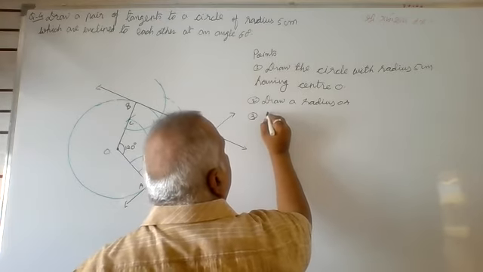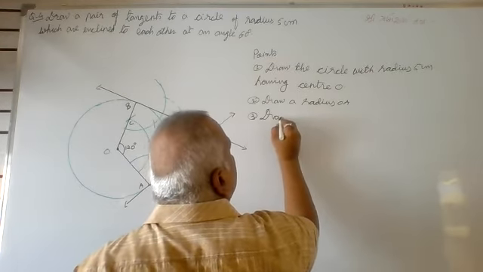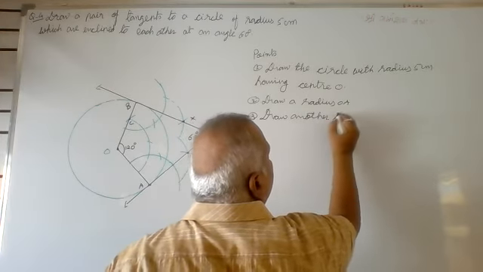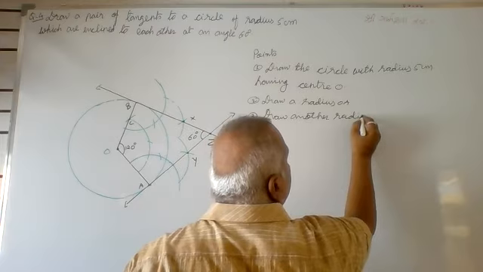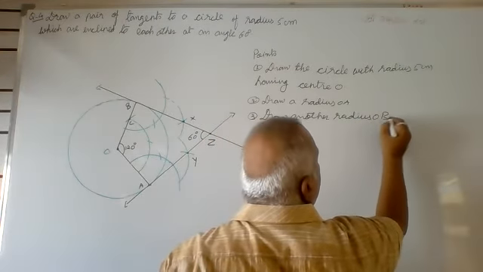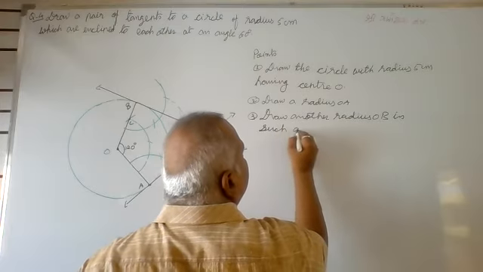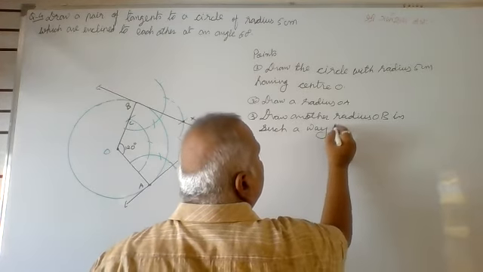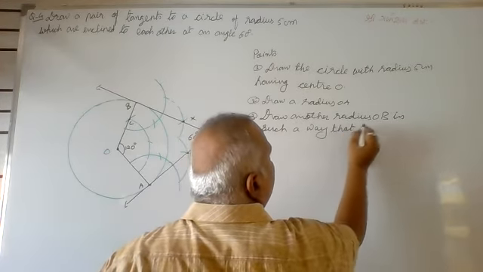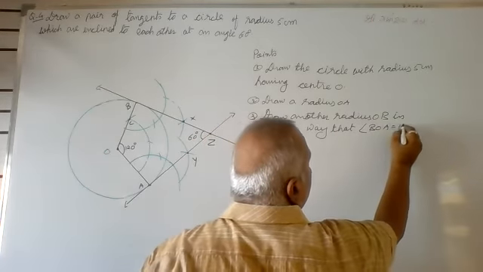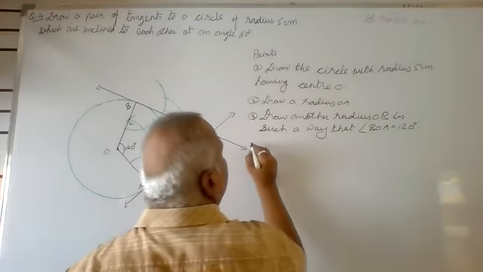Number 3, draw another radius OB in such a way that angle BOA is equal to 120 degree.